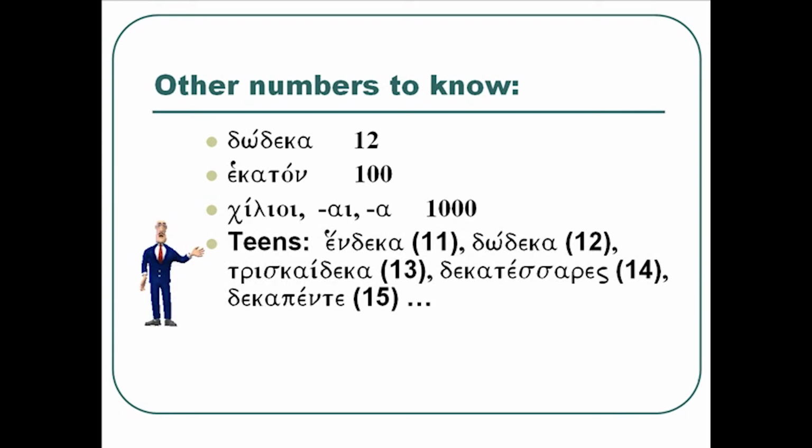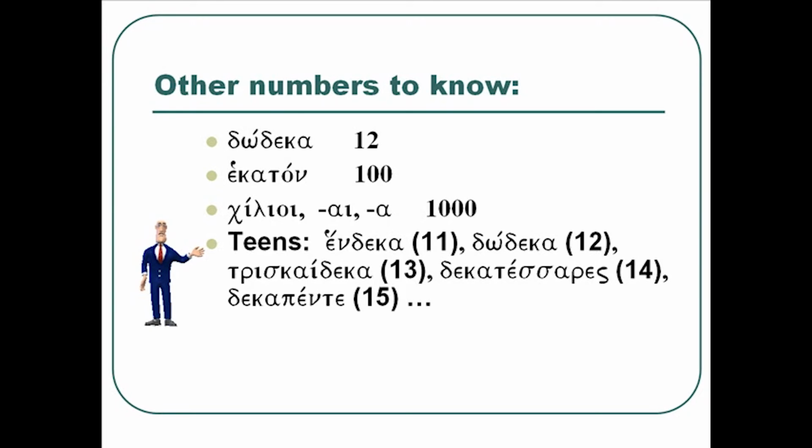Let's just run through the teens then and then the 10, 20, 30s because that'll tell us how to put the in-between numbers together. Hendeca is 11. Hen will be 1. Deca is 10. Dodeca, as we said, was 12. Do with a dua, 2 plus 10 is 12.